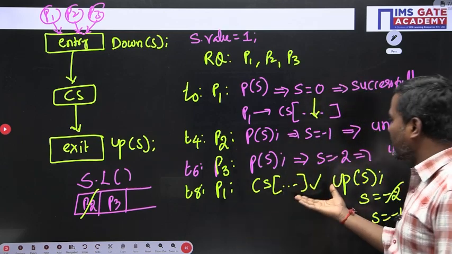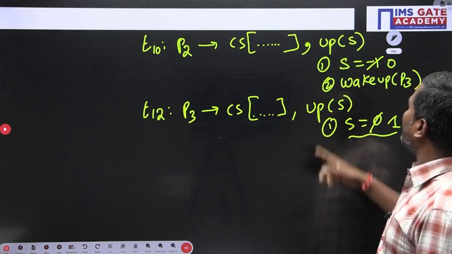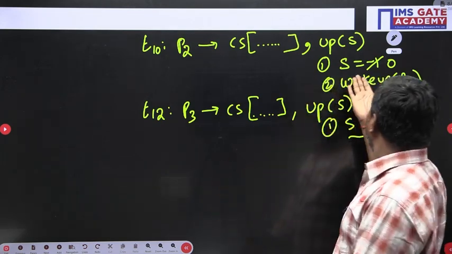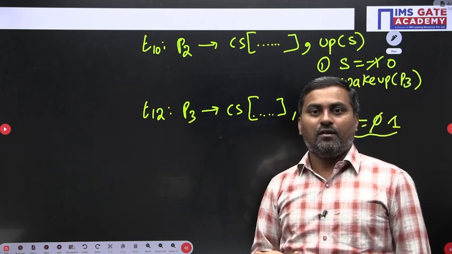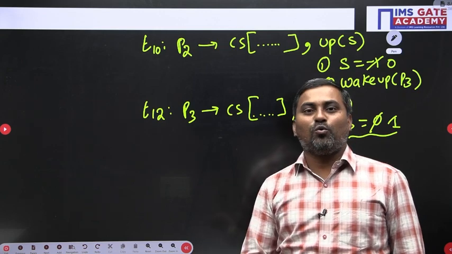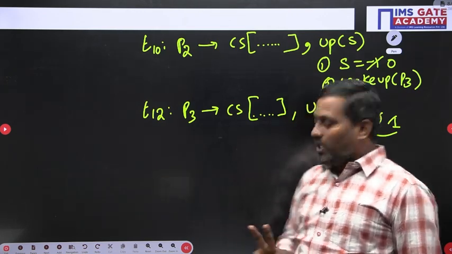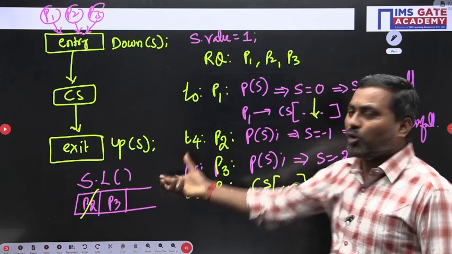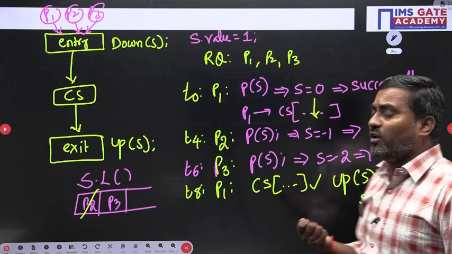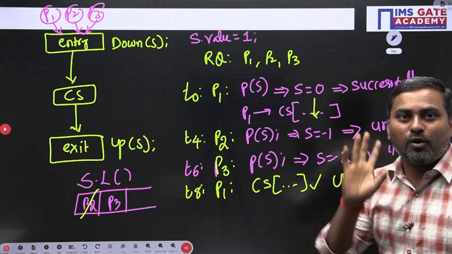For the up operation, two works are carried out. What are they? First, read the current semaphore value and increment it. After incrementing, if the incremented value is still less than or equal to 0, then we have to wake up a process, since there is some process in the blocked state. How do we understand there are blocked processes? At any moment, a negative value of the counting semaphore defines that many blocked processes.